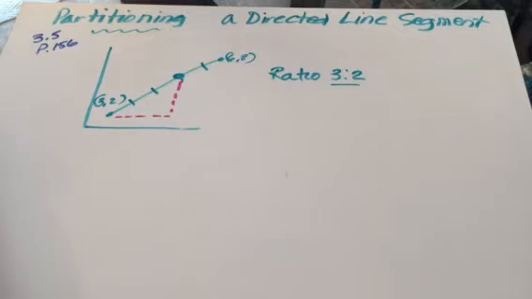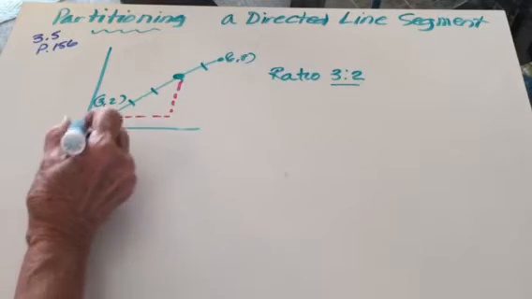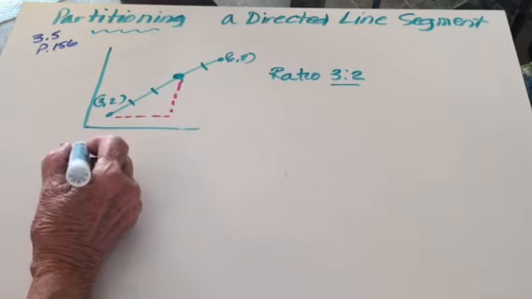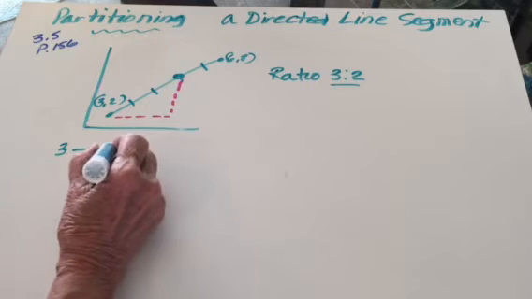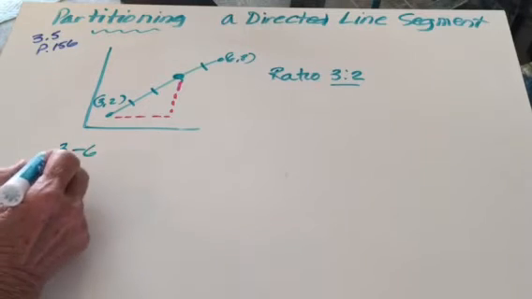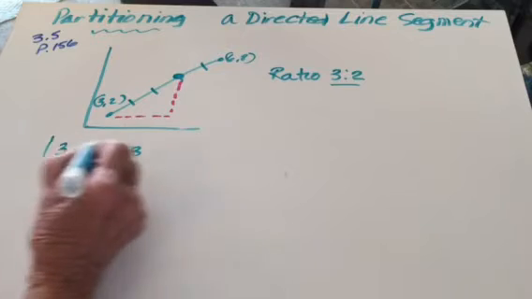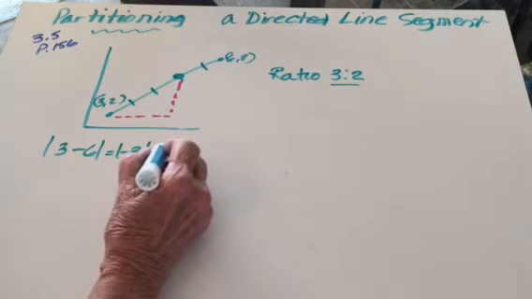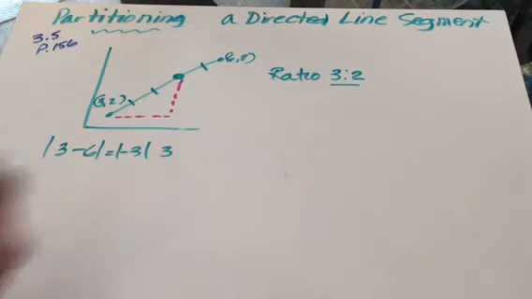Let's start like this. Our X number is 3. We go from 3 to 6. If we go from 3 to 6, how many points have we gone? Well, 3 take away 6 is -3, but we have to take the absolute value, so it's just 3. So we've gone 3 steps this way.